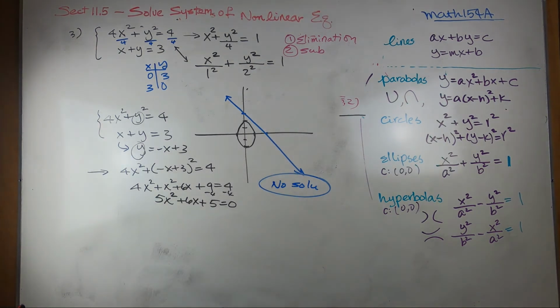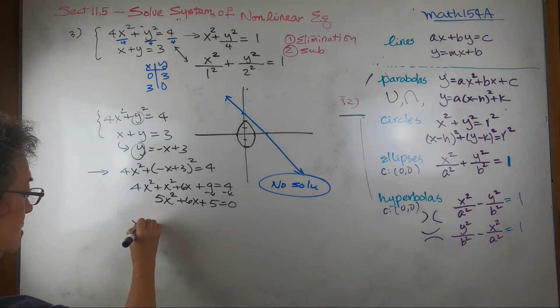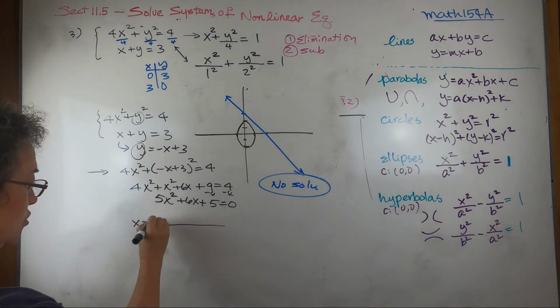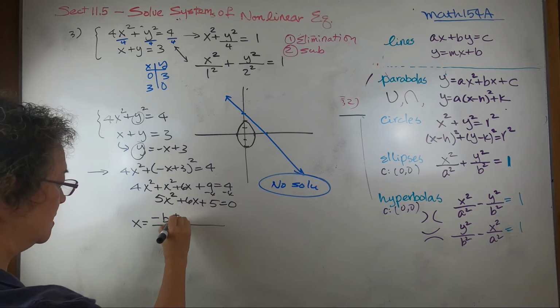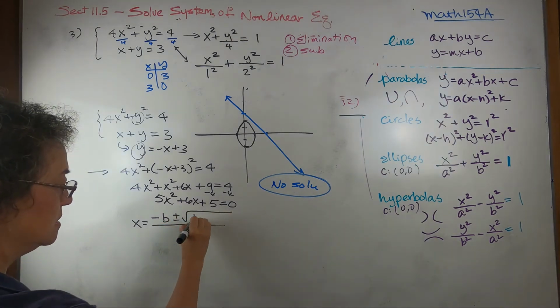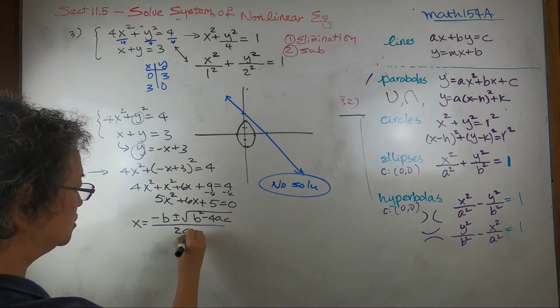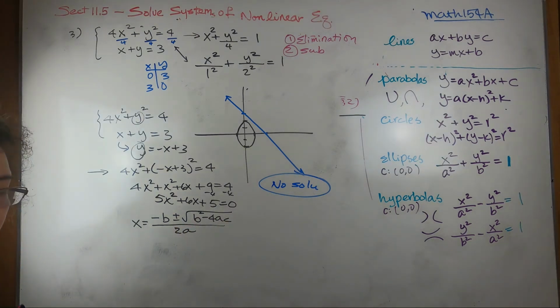Doesn't look like we can factor it. If we cannot factor, how can we find our x? Remember your quadratic formula? x equals negative b plus or minus the square root of b squared minus 4ac, over 2a. Is that right?